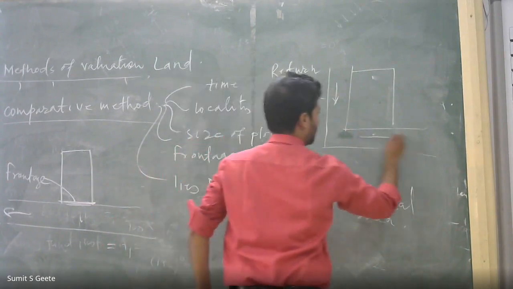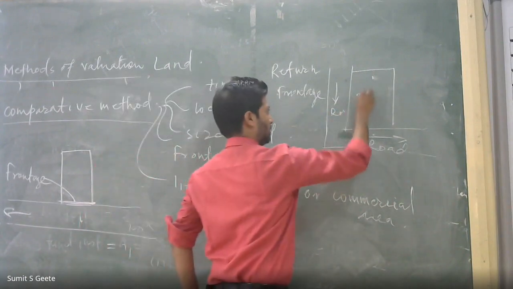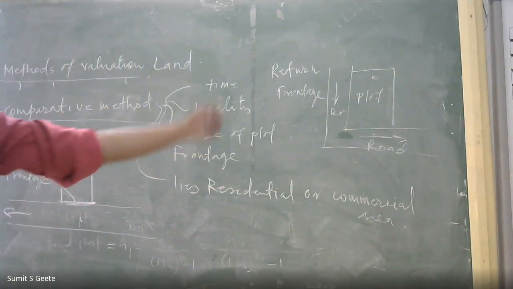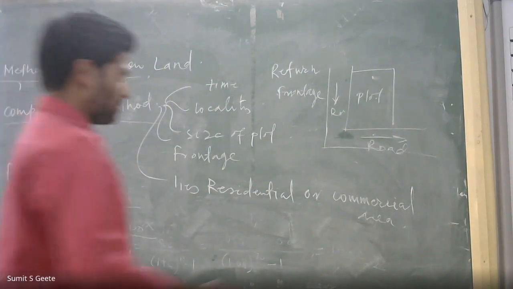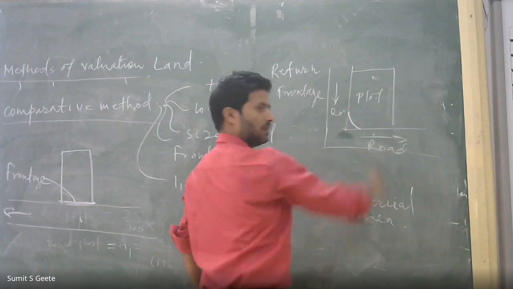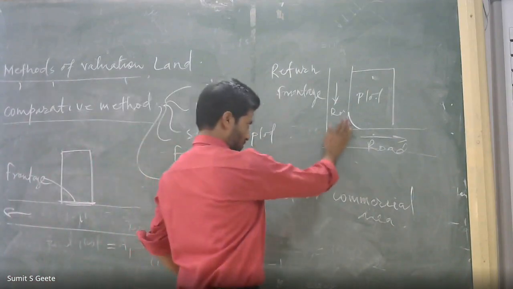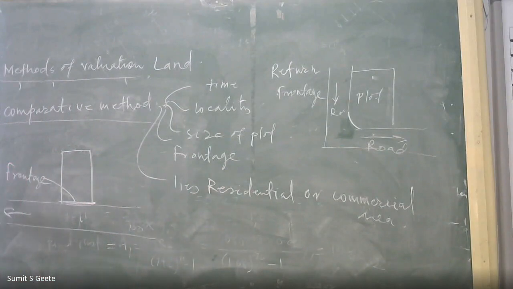Again, from a commercial point of view, this is costly. On a corner plot, you do a tangent correction, meaning after tangent correction this part is not considered a part of your plot. Clear? And generally, this is called depth.